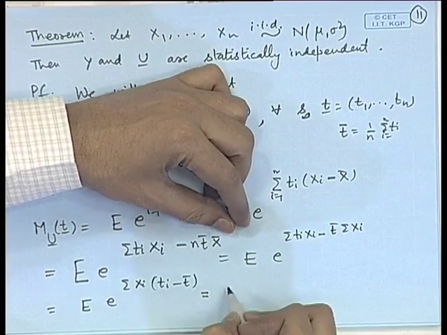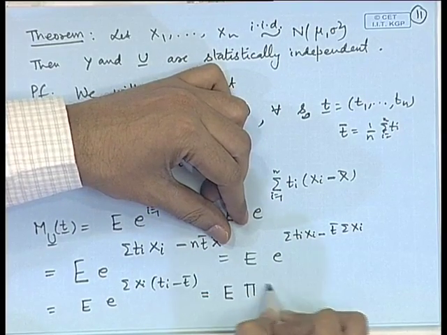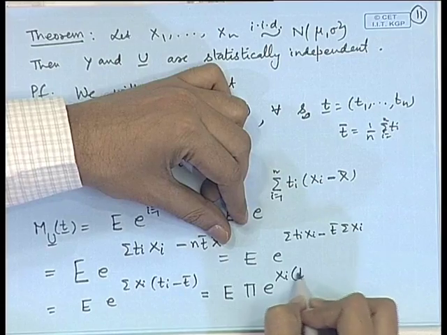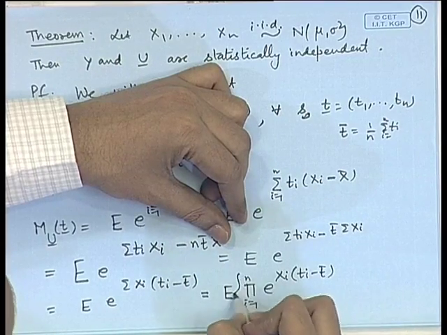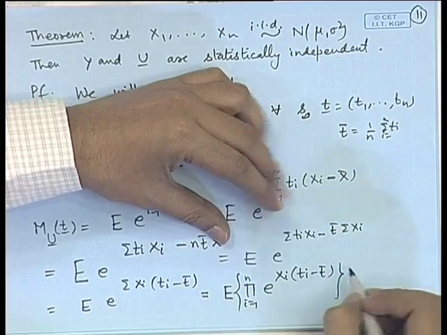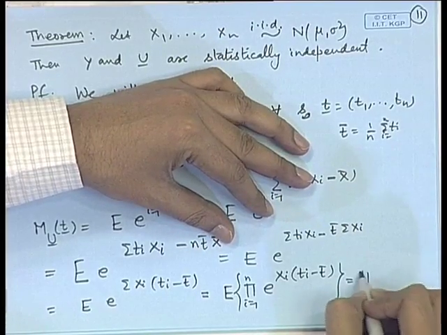Since X1, X2, ..., Xn are independent random variables, expectation of a product becomes the product of the expectations.